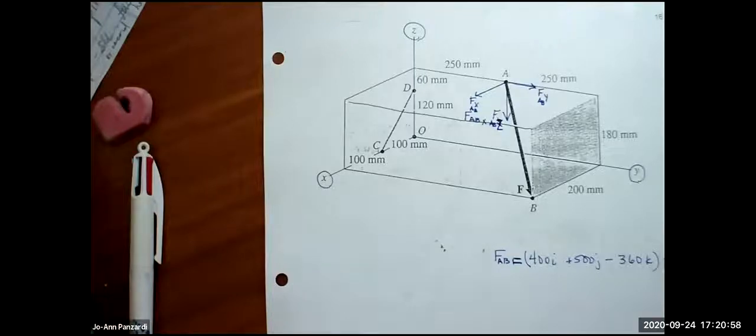I'd like to have the magnitude of it too. Come on, you guys, the calculator experts. I shouldn't be able to do this faster than you. 734.6. Yep, I got the same.